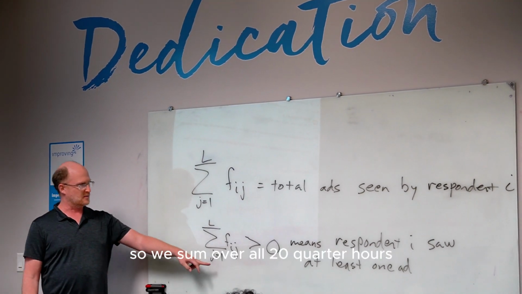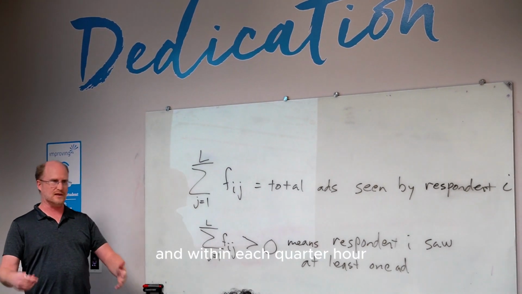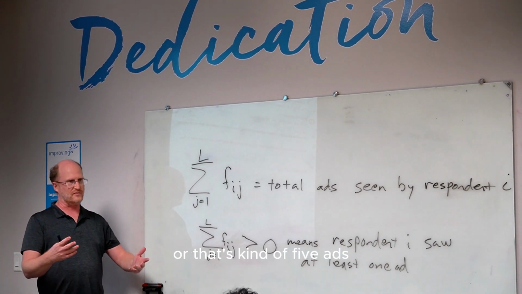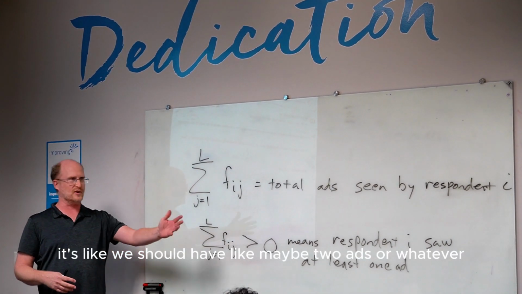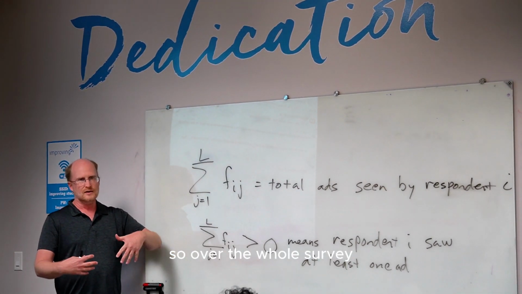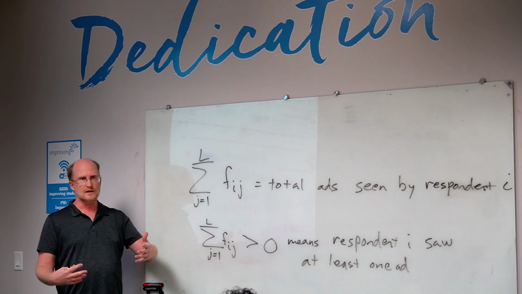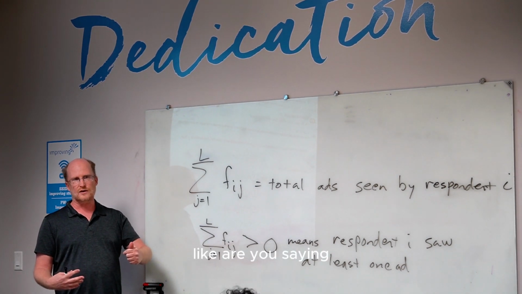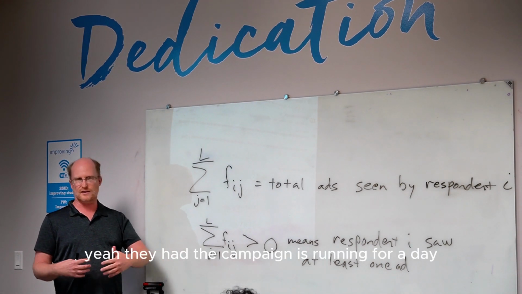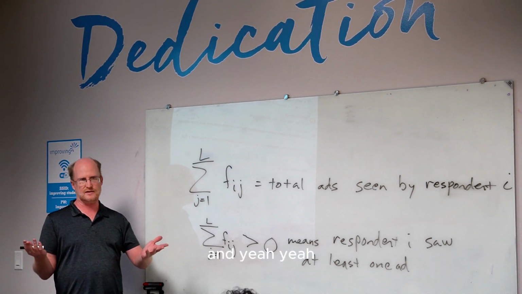We sum over all 20 quarter hours, and within each quarter hour we might have 2 ads or so. So this is the sum total over the whole day, if the campaign is running for a day.